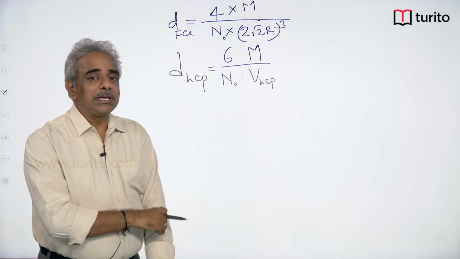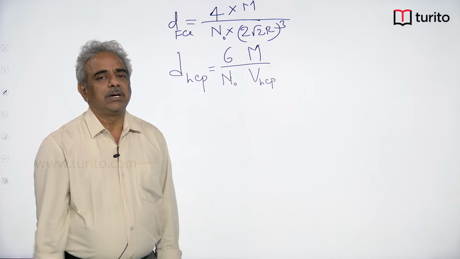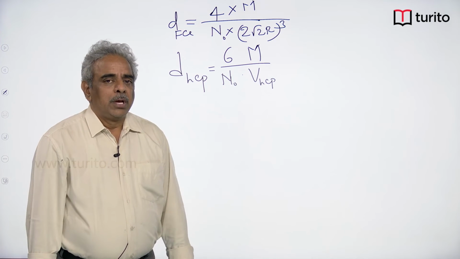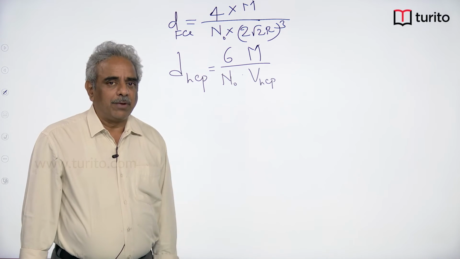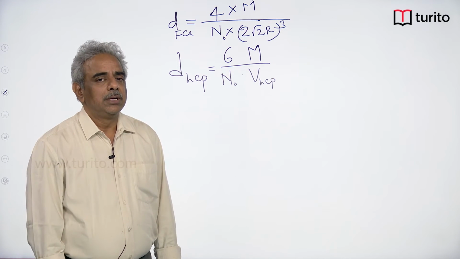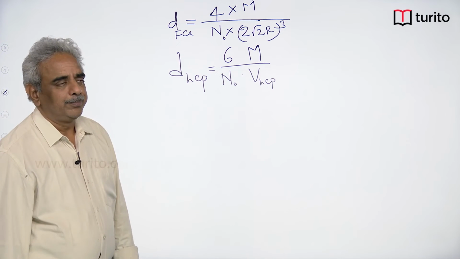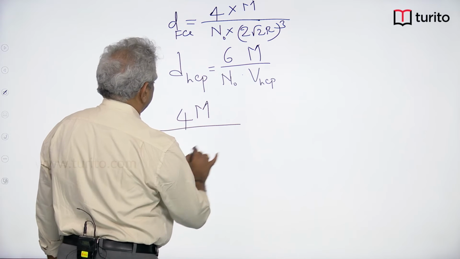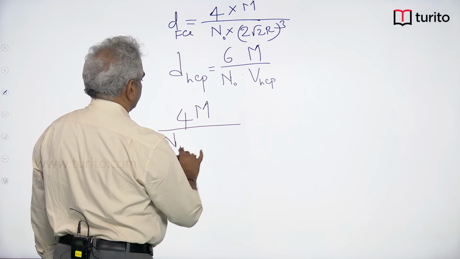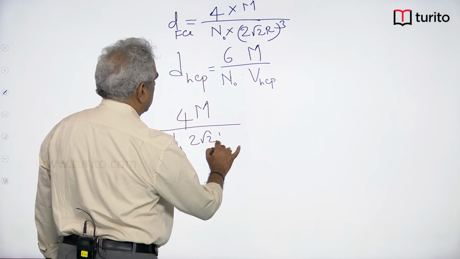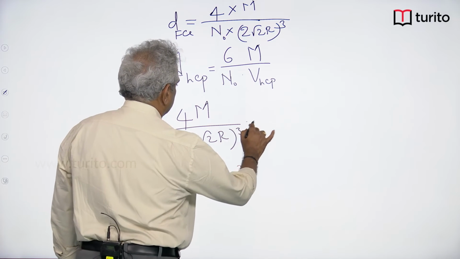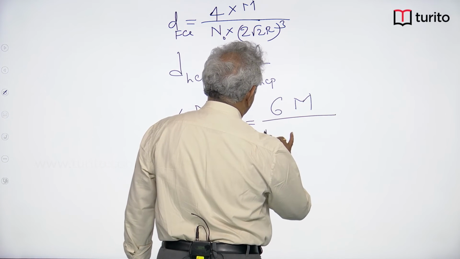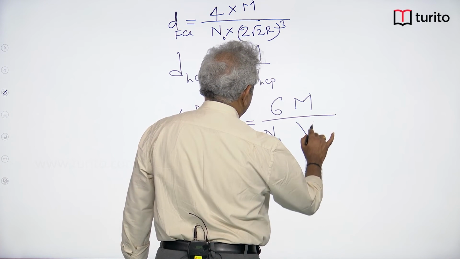And as far as density is concerned, both will have the same, because identical spheres having 74% packing efficiency must have the same density. So, these 2 densities must be the same. So, what I would do, 4 into M by N naught over 2 root 2 r whole cube is equal to 6 M by N naught over V HCP.